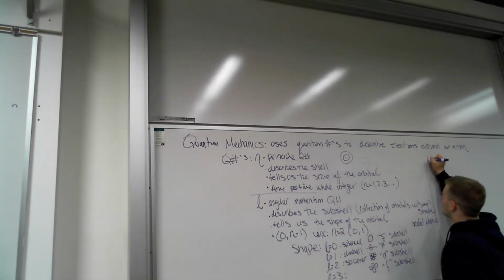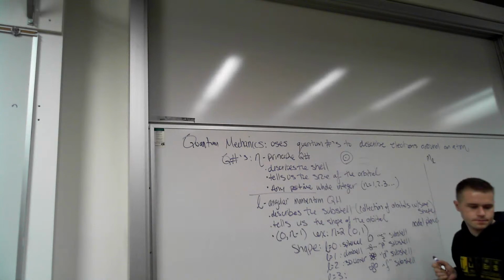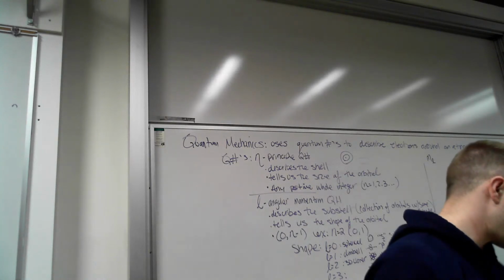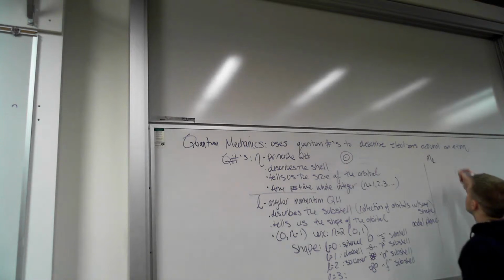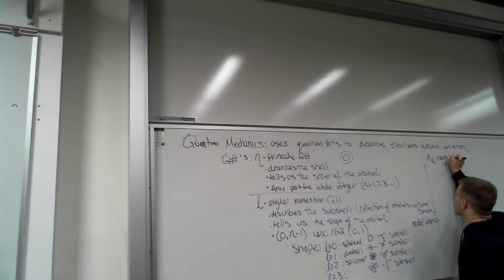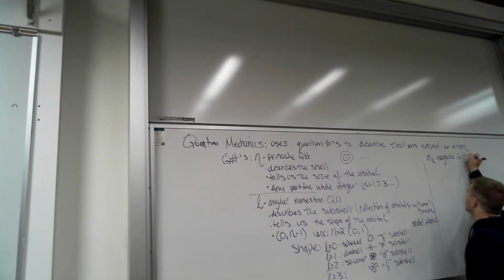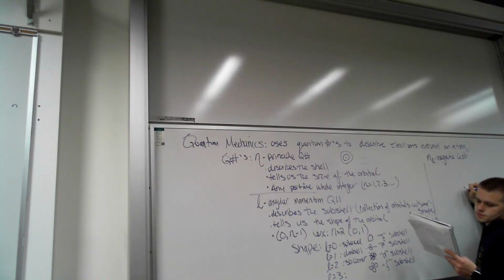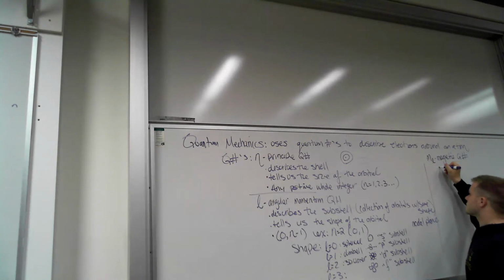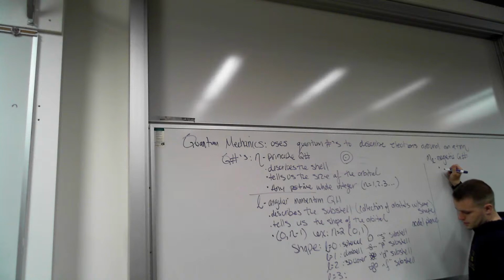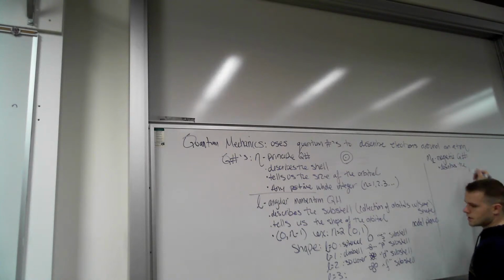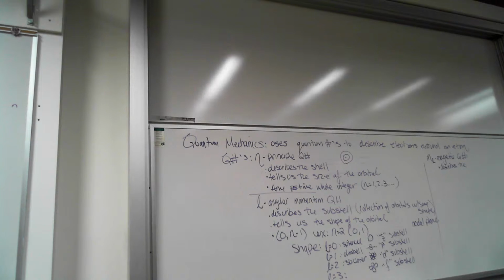Next, we have our m sub L. So m is a subscript L. This is our magnetic quantum number. This describes the orbital.